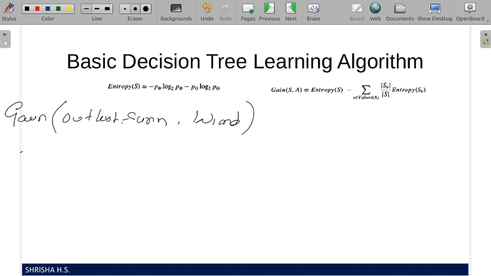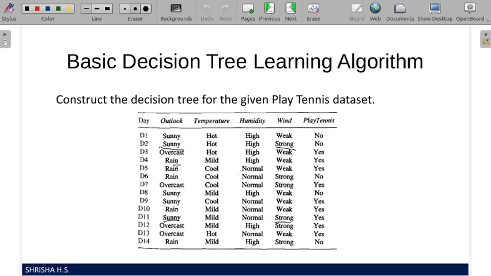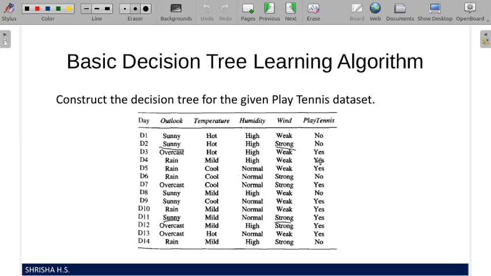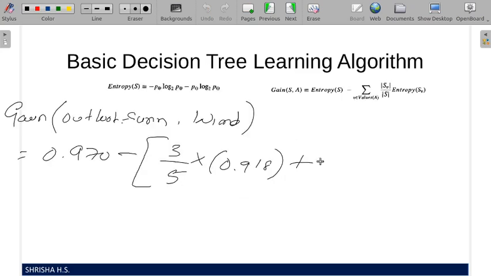Entropy where outlook equal to sunny, minus the instances where wind was weak and strong: 0.918 plus, two instances where wind was strong, so entropy was 1.